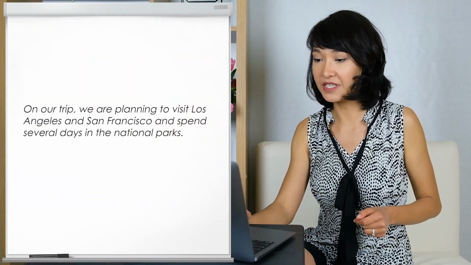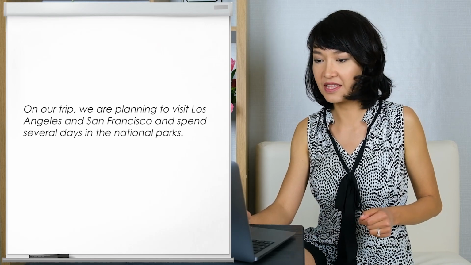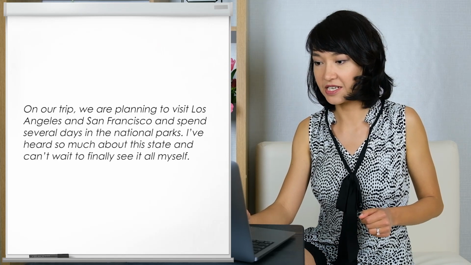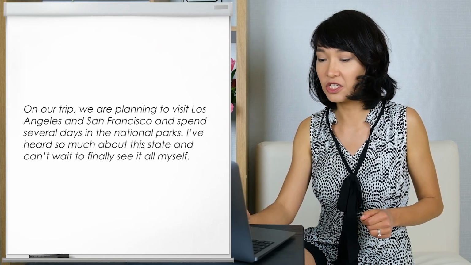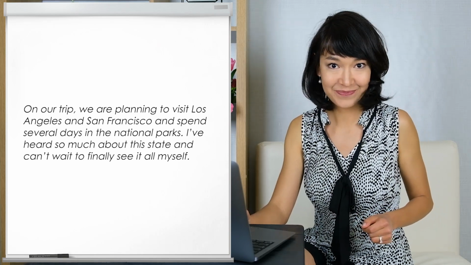Now, let me show you the second paragraph of my letter. Think if there are any problems with it. Here it is. On our trip, we are planning to visit Los Angeles and San Francisco and spend several days in the national parks. I've heard so much about this state and can't wait to finally see it all myself. Any problems?